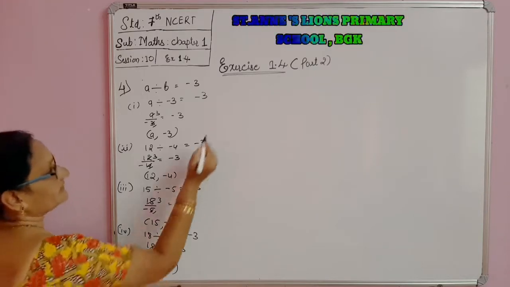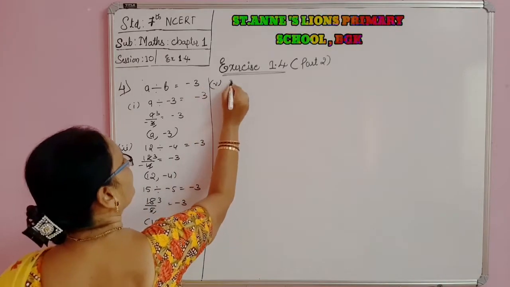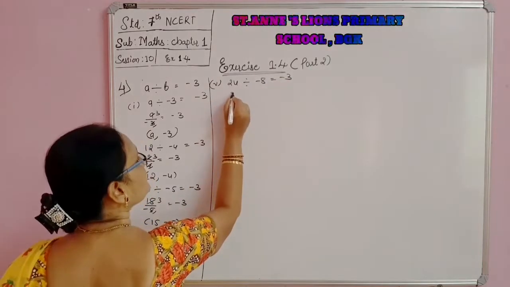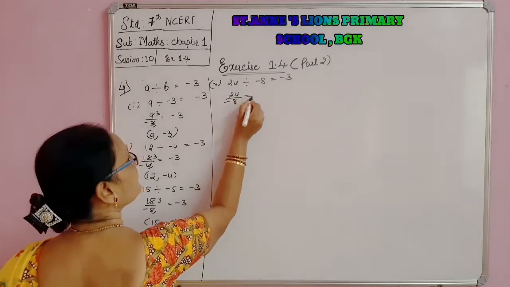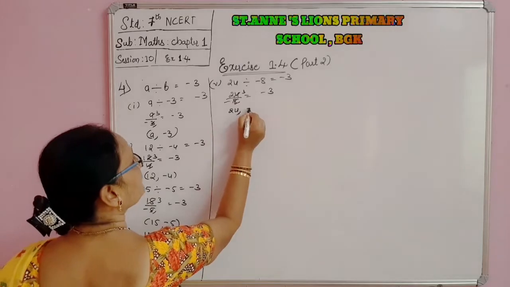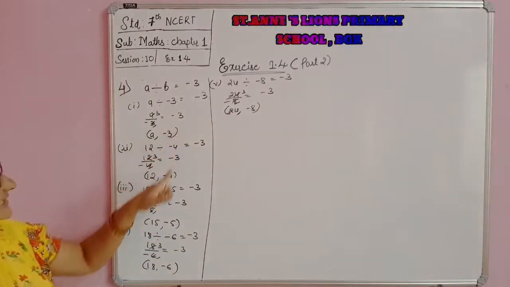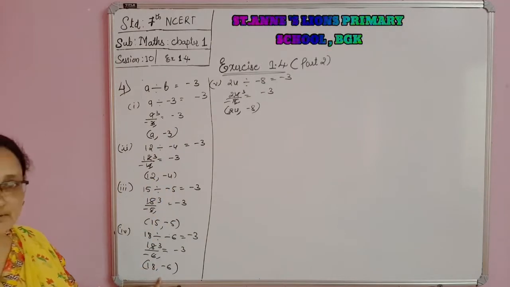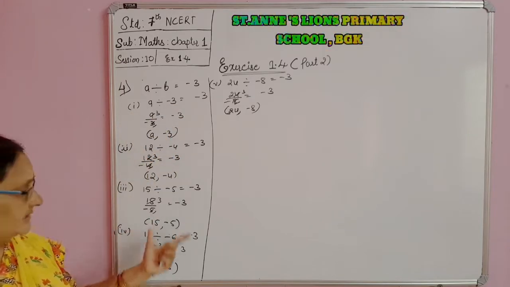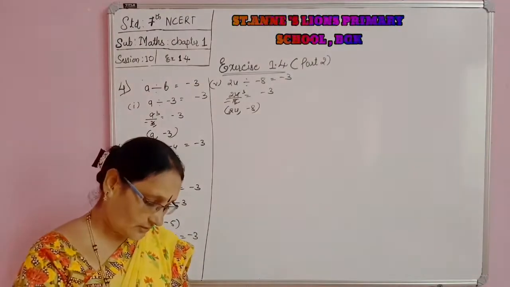The same way the fifth pair, 24 divided by -8 is equal to -3, since 8 ones are 8, 8 threes are 24. The pair is 24 and -8. Actually only these pairs you have to take, but to make you understand, I solved the sum also and made clear how to take the pairs. Okay, this is the fourth problem.